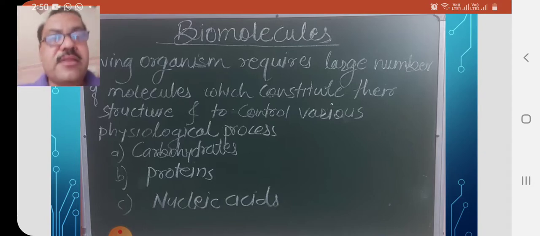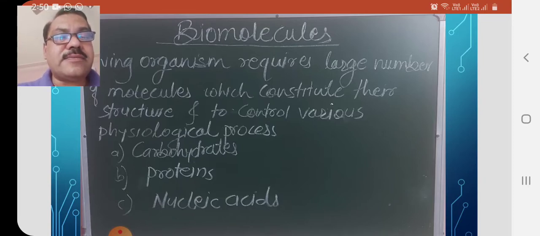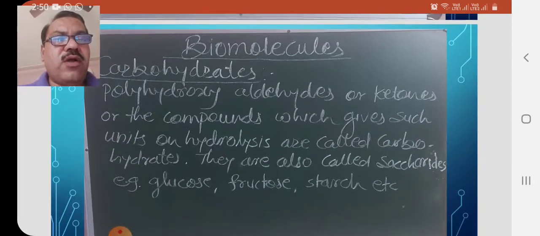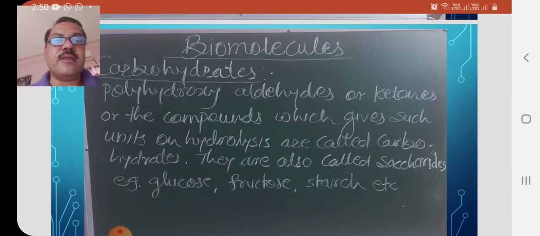So let us start with our first essential molecule, that is carbohydrates. What are carbohydrates? Carbohydrates are polyhydroxy aldehydes or ketones.